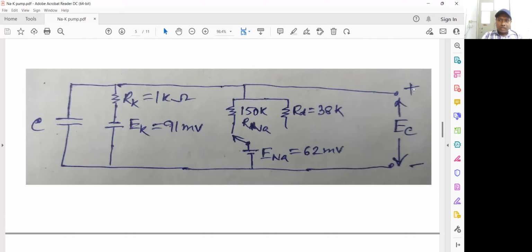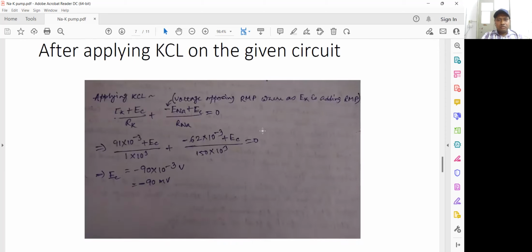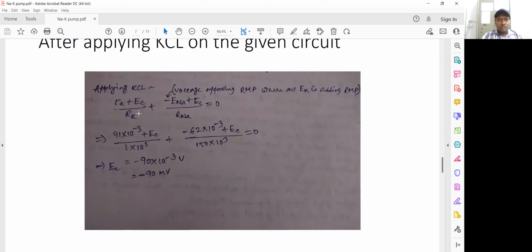We have assumed this is positive and this is negative, and this particular ENA has been applied as negative. So this is minus ENA plus EC divided by RNA, that is, EC minus ENA divided by RNA. That will be equal to 0. So it is EK plus EC by RK plus minus ENA plus EC divided by RNA, which is equal to 0.